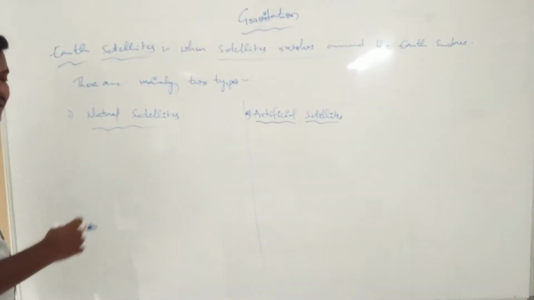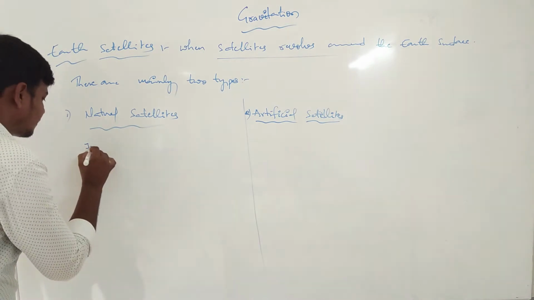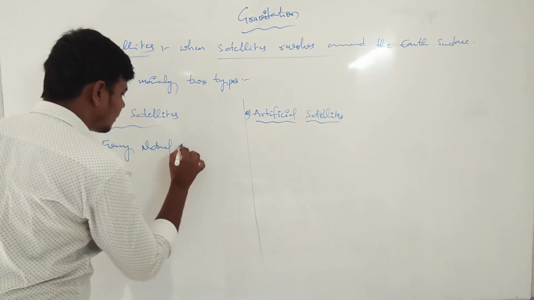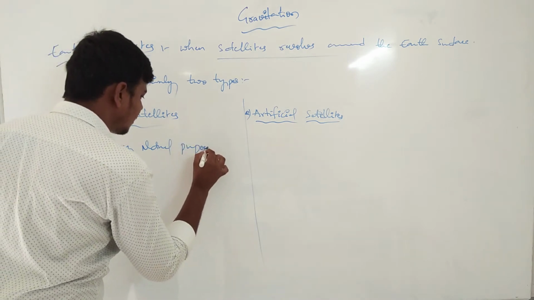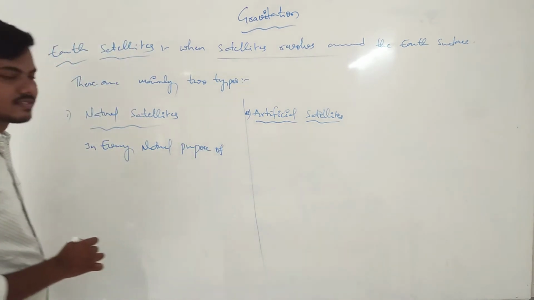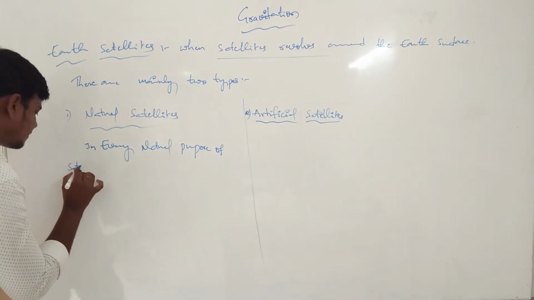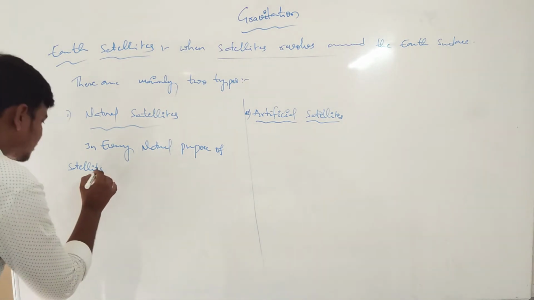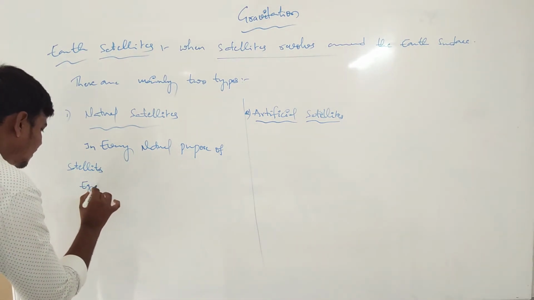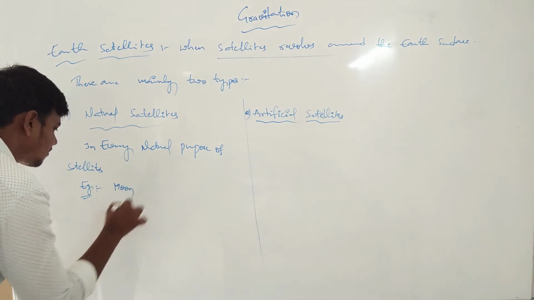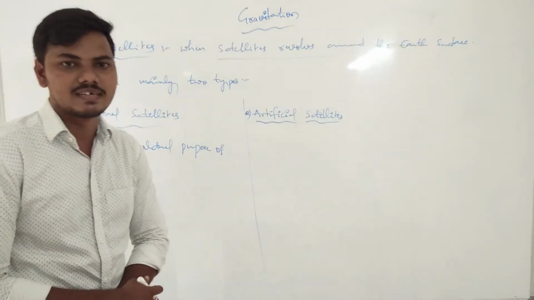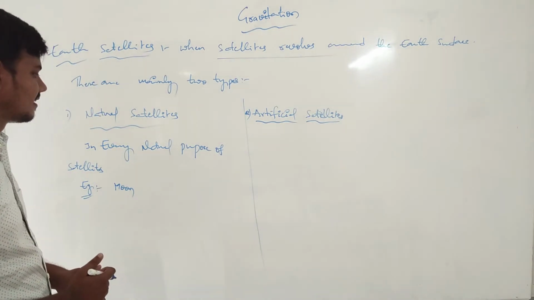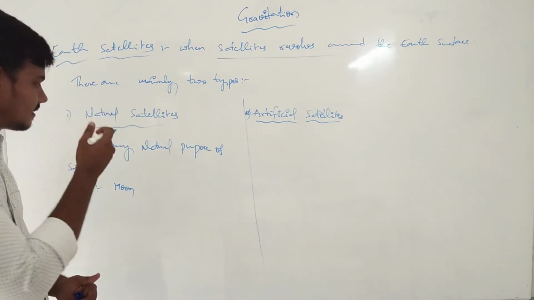The best example we can take is the Moon. The Moon always revolves around the Earth. This is a natural satellite.